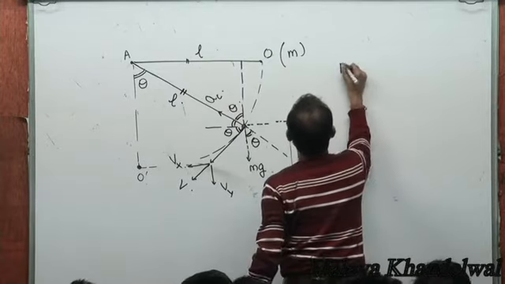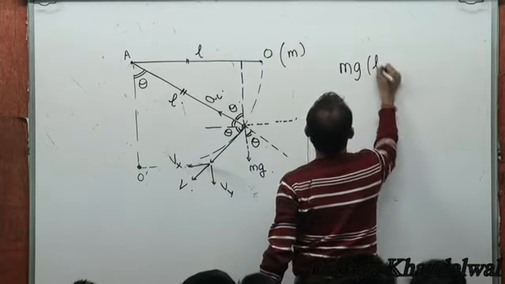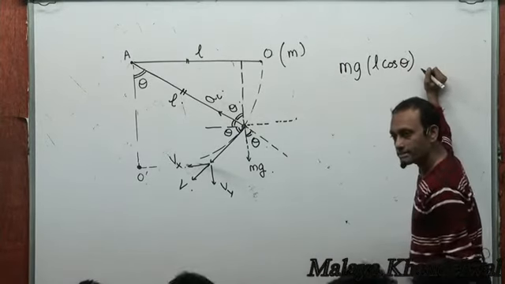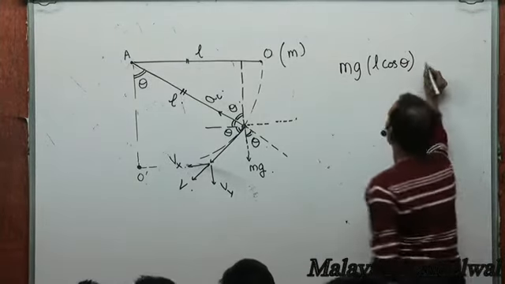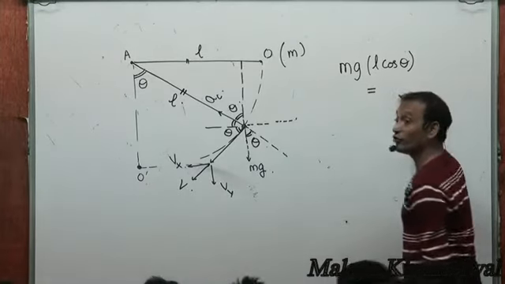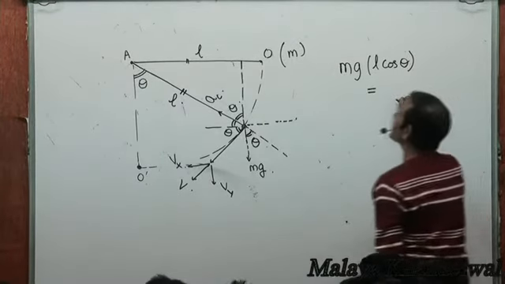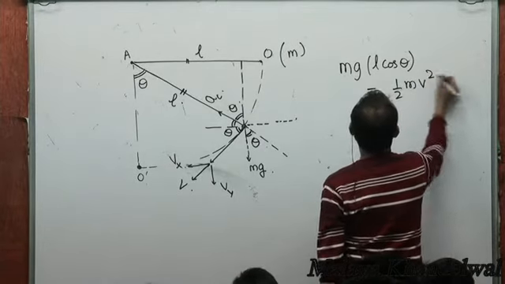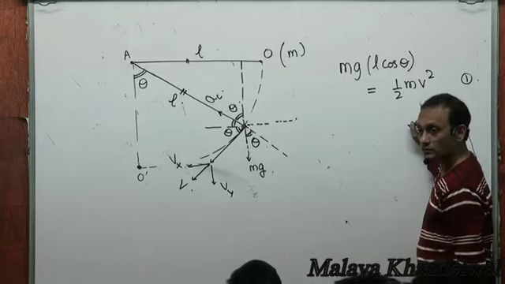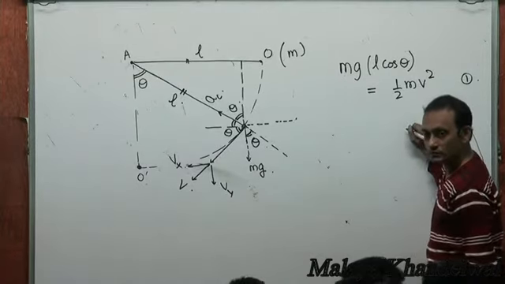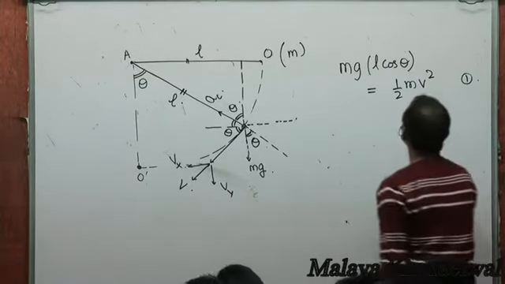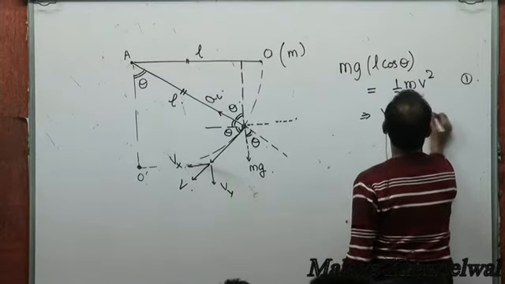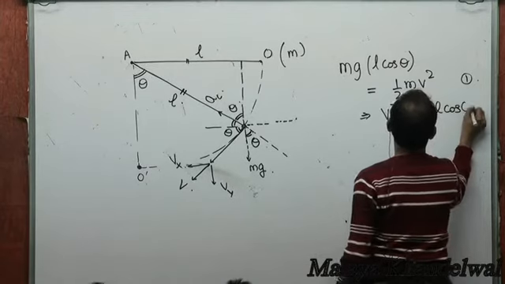So loss of potential energy is mg into L cos theta, and that must be equal to gain of kinetic energy. What is gain of kinetic energy? It starts from rest, half m v squared. V squared therefore would be 2gL cos theta.